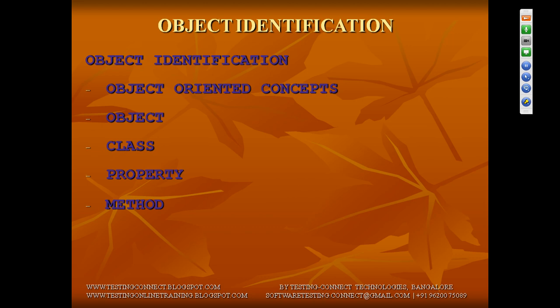As of now, just remember that if there is one object, the developer used so many properties for developing it. Like that, the sign in button has so many properties: X coordinate, Y coordinate, absolute X, absolute Y, inner text, outer text, label, height, width, length. That is nothing but properties.